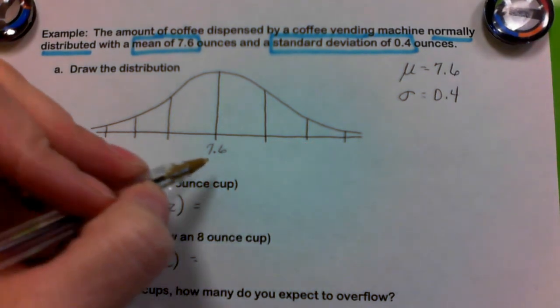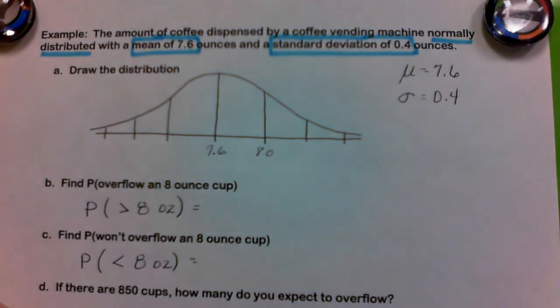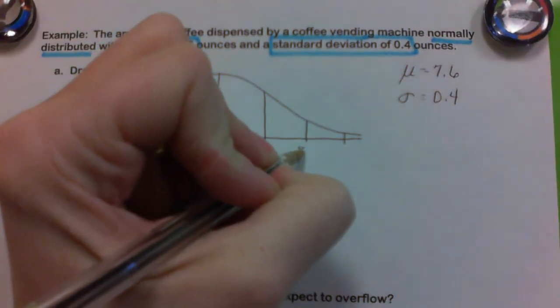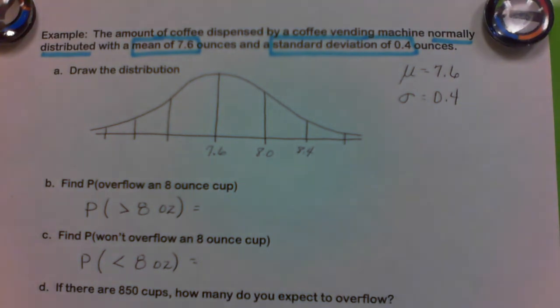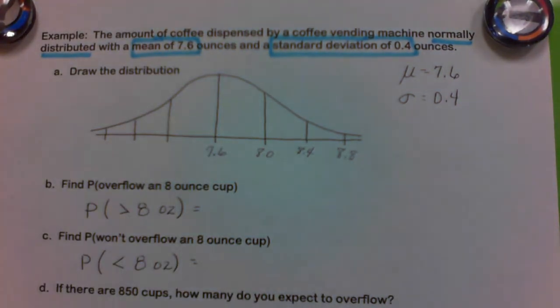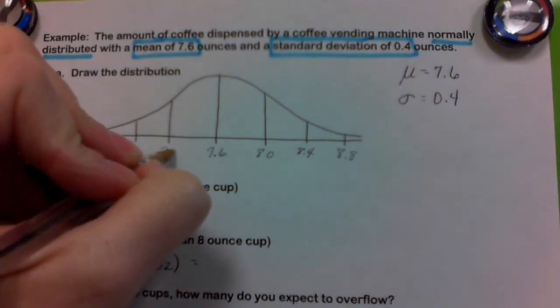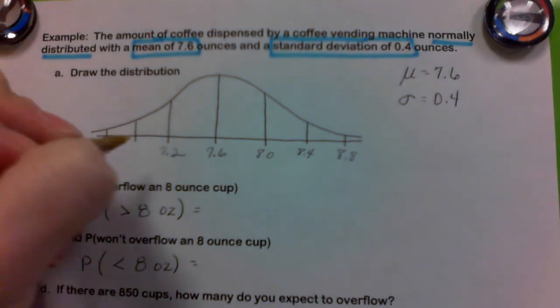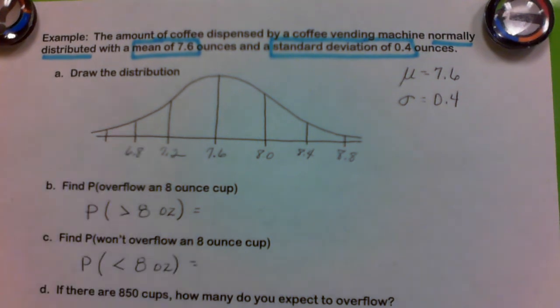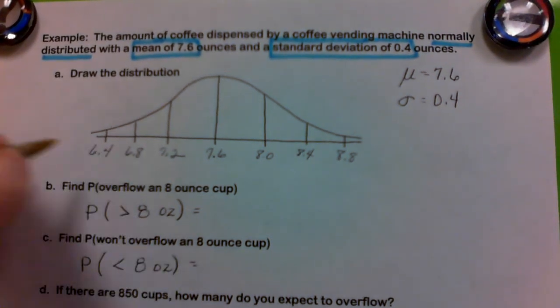So 7.6 plus 0.4 would be 8.0 ounces. Add 0.4 again, we would get 8.4 ounces, and again, 8.8 ounces. And as we go to the left of mu, we subtract our standard deviation. So 7.6 minus 0.4 would be 7.2 ounces, then 6.8 ounces, then 6.4 ounces.